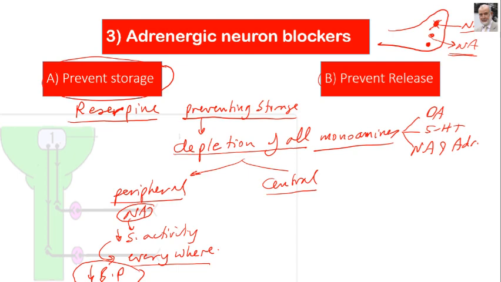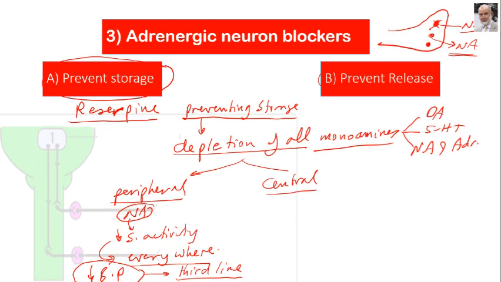This effect is why reserpine one time ago was used, not anymore, except in very rare cases. It was used as third line therapy. What does third line mean? If the person is not responding to any first line therapy or second line therapy, then we try third line treatment. Reserpine is kept as a third line in the treatment of hypertension.